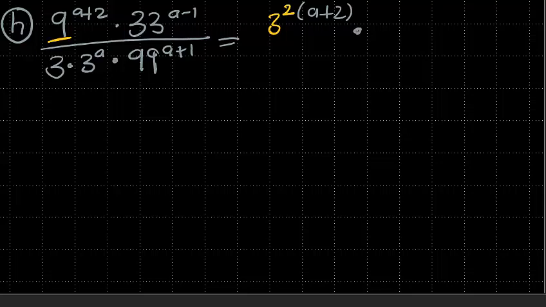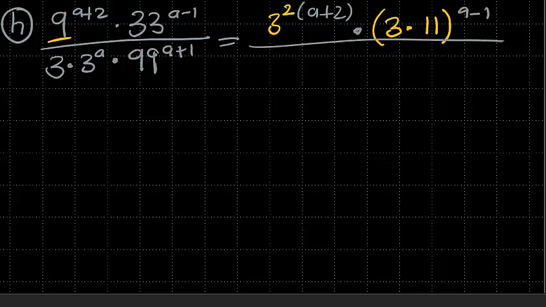Multiply that by 33, which becomes 3 times 11. And we keep our exponents, a minus 1, over 3 we keep, 3 to the power of a we keep, and then 99 ends up being 3 squared, which is 9, times 11. And we keep the exponents, a plus 1.